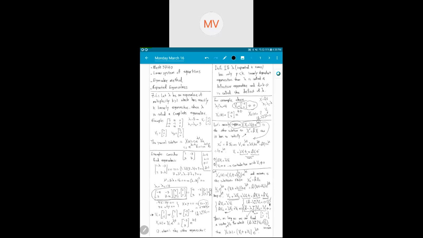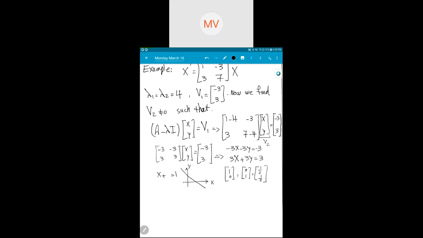Do we have to do the same thing on this one and solve for x? No, it doesn't matter. As long as you can find any vector satisfying this equation, it's a check. Okay, so let's pick this as V2.